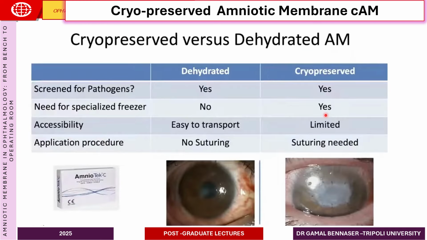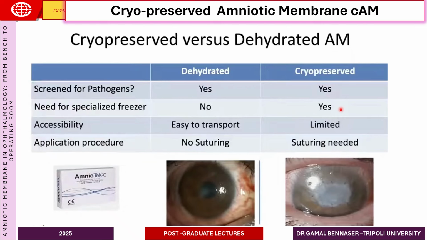In gross comparison, both of them undergo screening for pathogens, but the dehydrated one needs no special freezing process because it is dehydrated. However, the cryopreserved one needs glycerol to maintain -80 degrees Celsius for preservation.